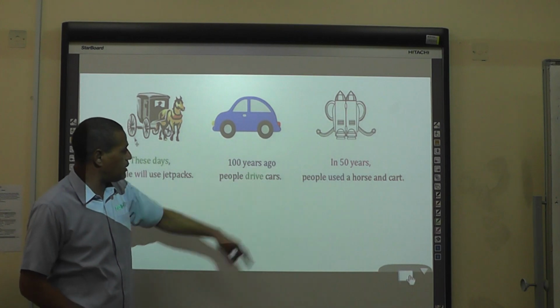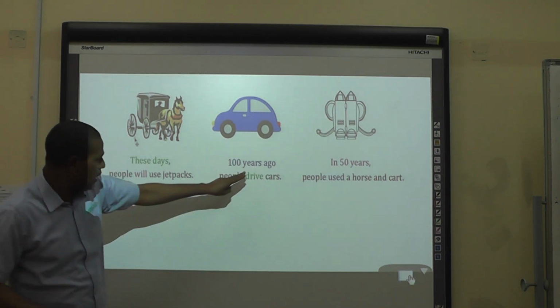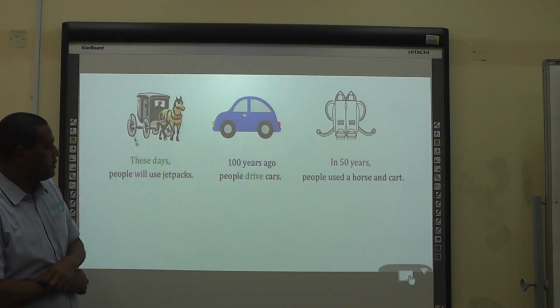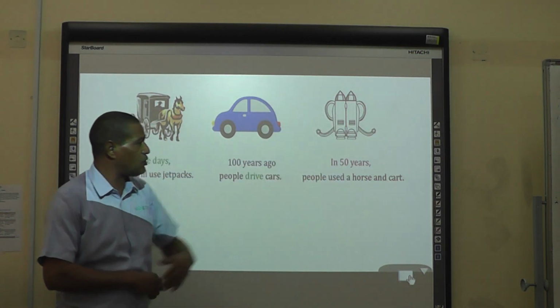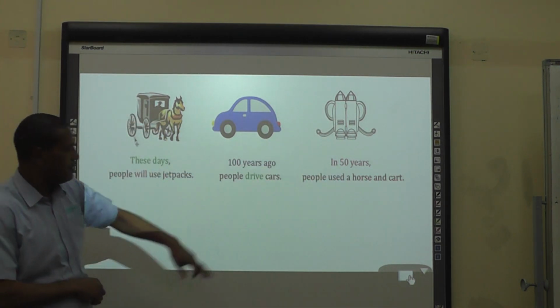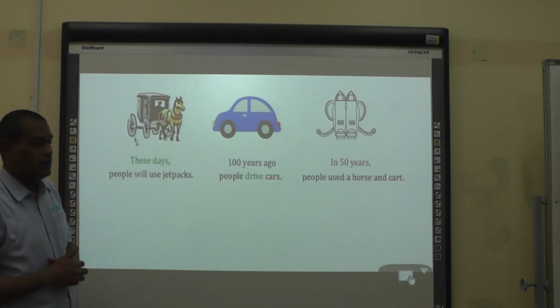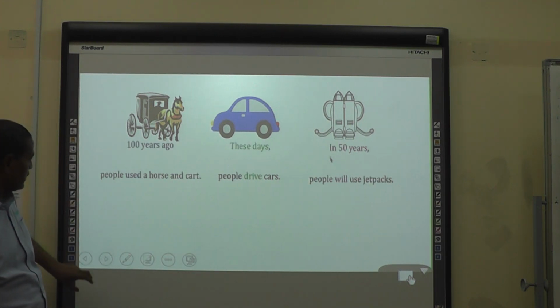Here, 100 years ago, this is a past time phrase, while we have a present tense. Here, in 50 years, future time phrase, while here we have a past tense. So this is the mistake or the mistakes.